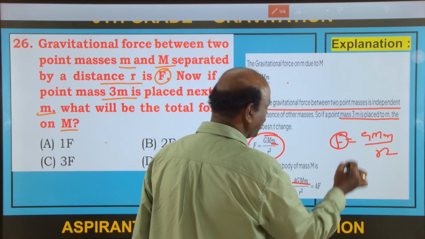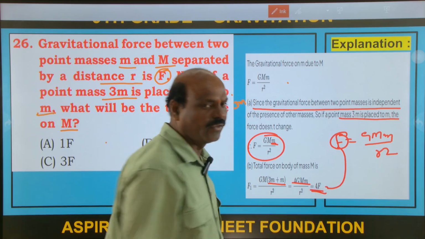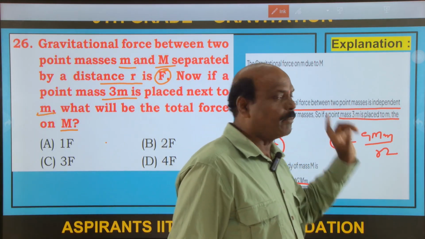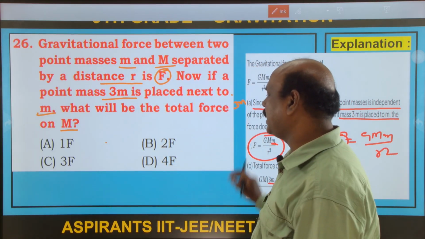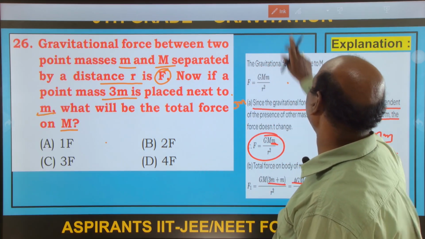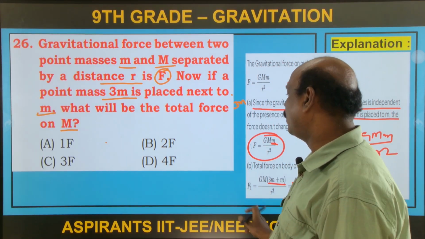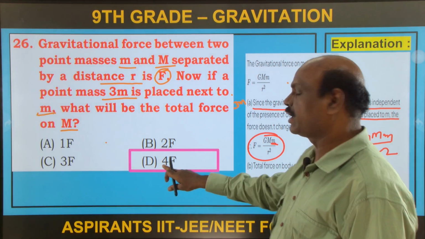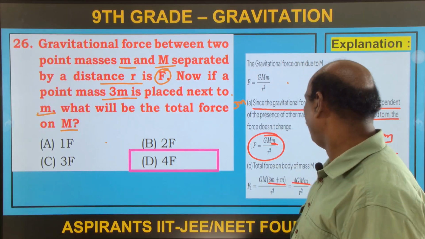So substituting this F here, we get 4 F. So when 3m mass is placed at m, the total force will become 4 times the force, that is 4F.